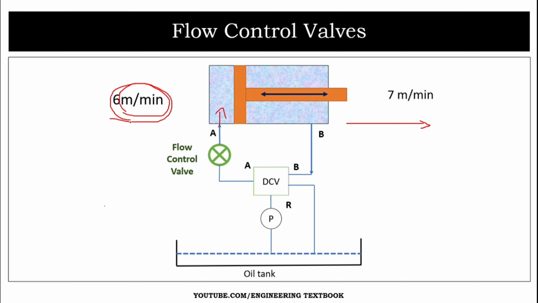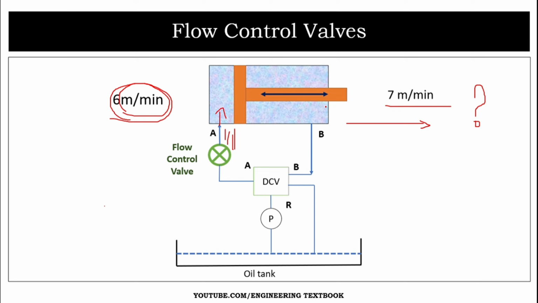Suppose, let's say we have to increase this speed from 6 meters per minute to 7 meters per minute. So how can we achieve this speed? The answer to this question is by admitting more quantity of fluid from port A to this cylinder so that the piston will move faster.